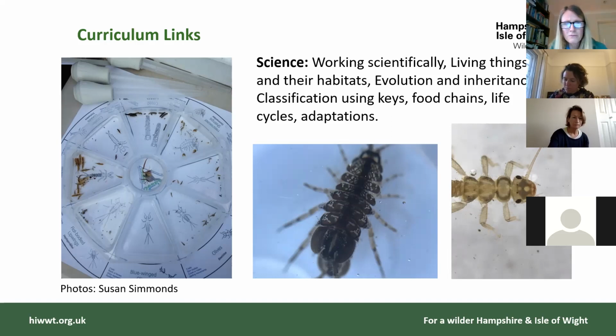So quite a lot of links we can make there to the curriculum. And if you have a pond in your school grounds, you can do all of this in the grounds, and that's absolutely great. There's a lot that you can find in there.